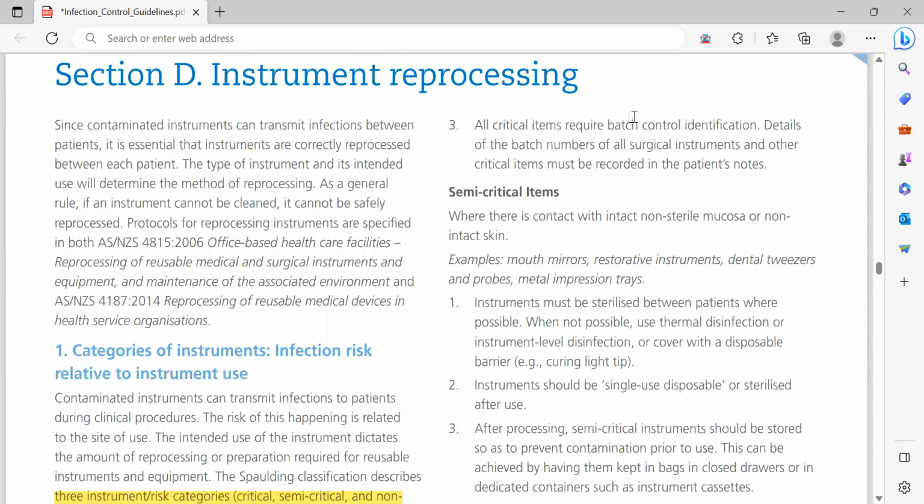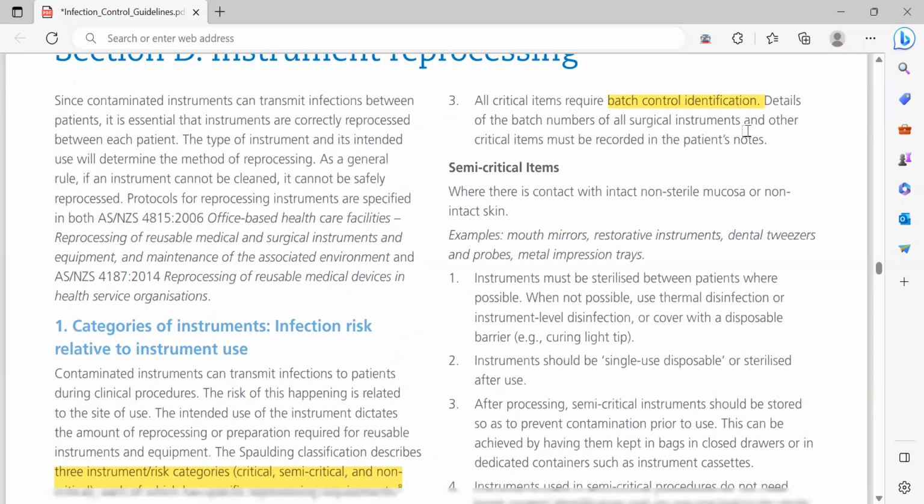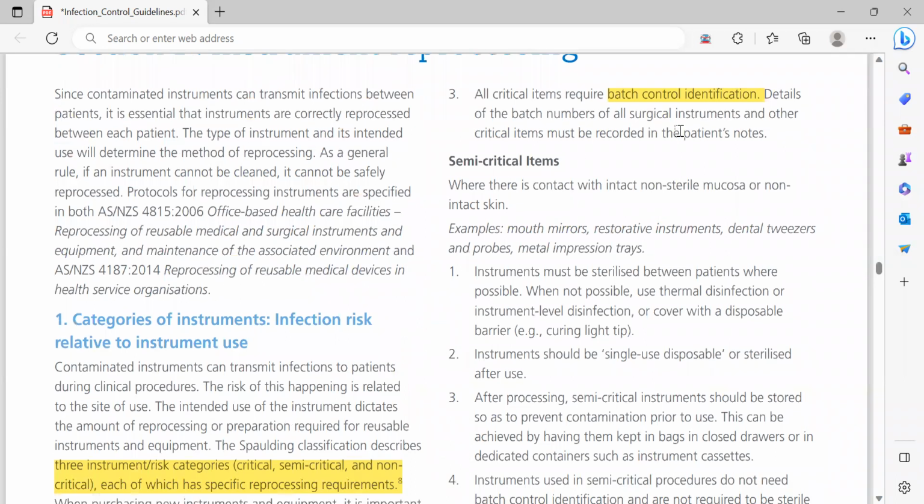All critical items require BCI, which means batch control identification. There should be a number on them, so you can track on which day it was sterilized and in which load number. It should also be recorded in the patient's notes.